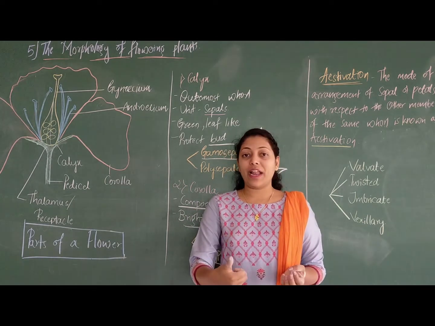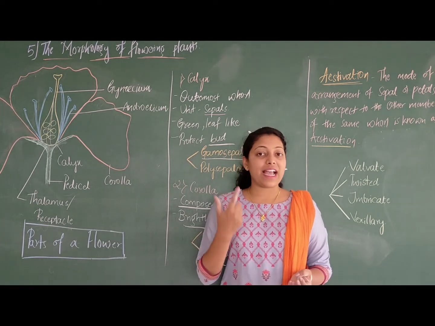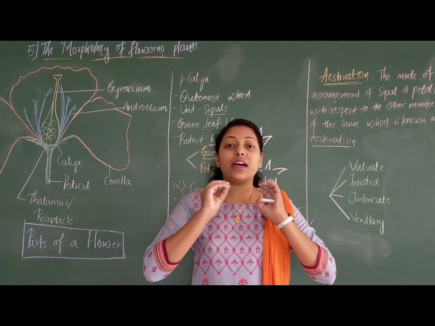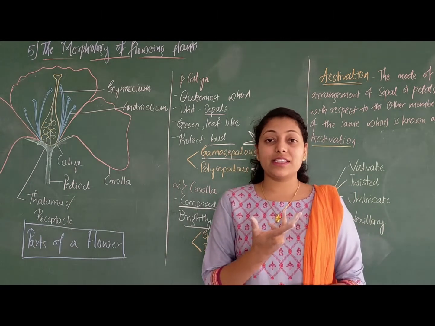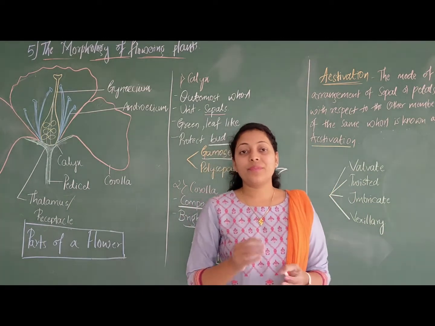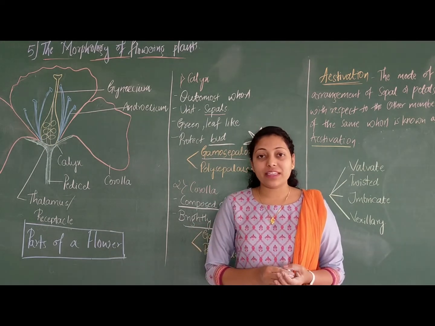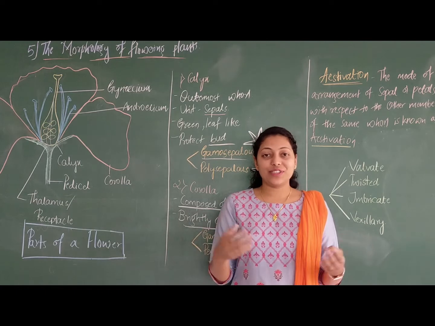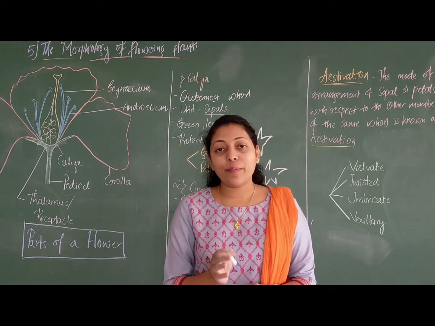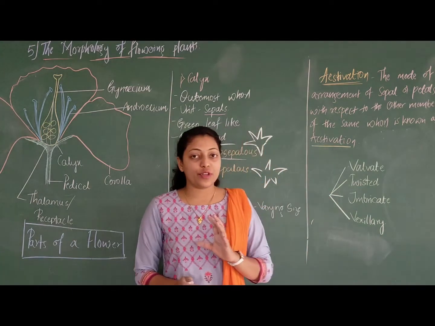In terms of plants, the meaning of the word aestivation is that the arrangement of sepals and petals on the floral bud is termed aestivation. Coming back to the animal kingdom, aestivation is called summer sleep. Is it clear? I hope I have cleared this confusion for you all.